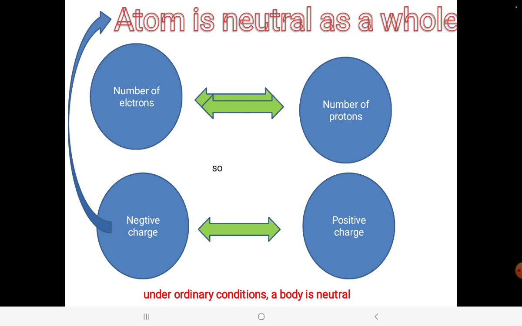The number of protons is always equal to the number of electrons rotating around the nucleus, so that the charge is balanced. Here you conclude that the negative charge always equals the positive charge, so that the charge is balanced and under these conditions a body is neutral.